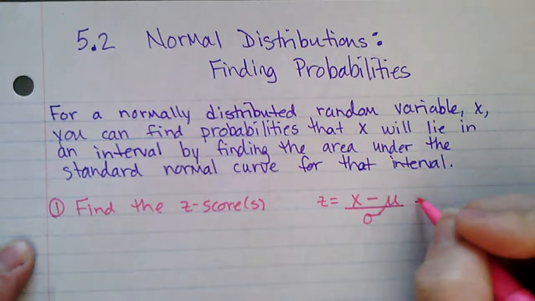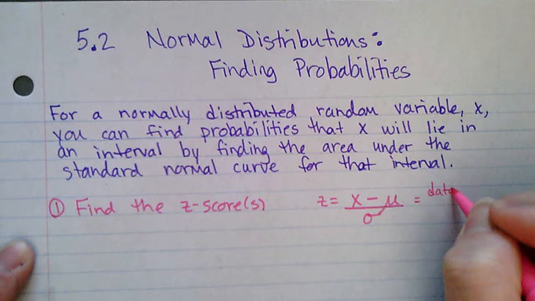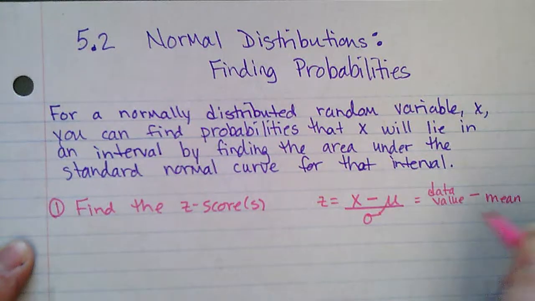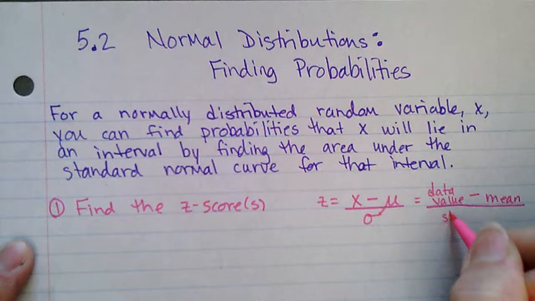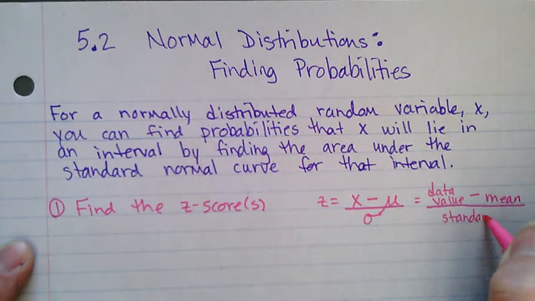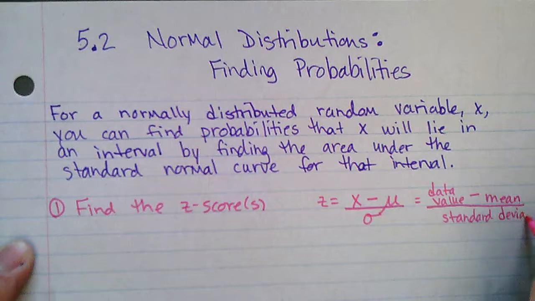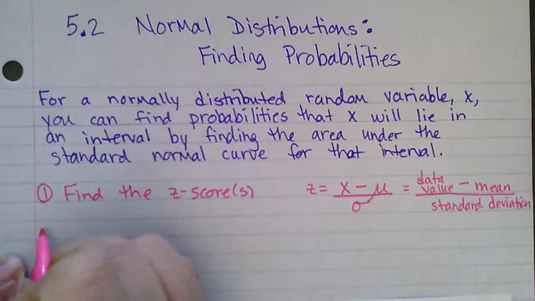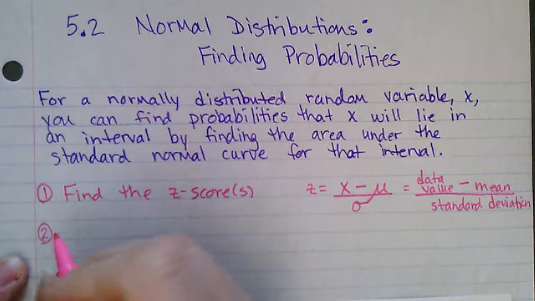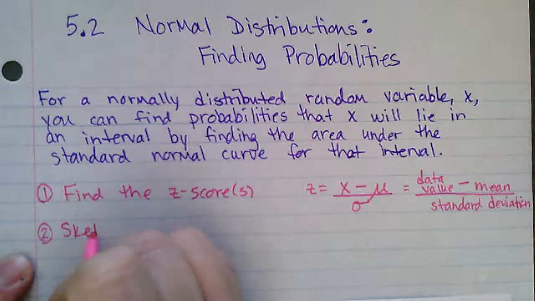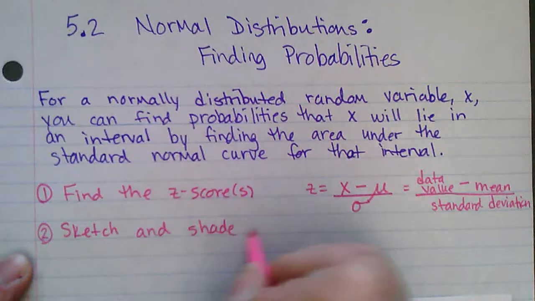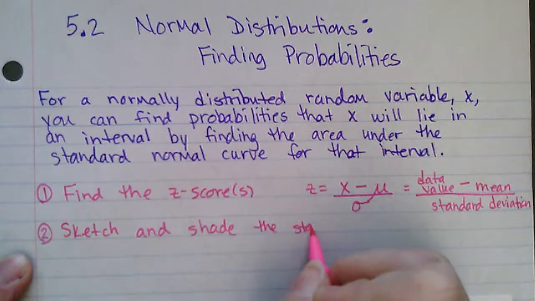So we have, just in words, data value minus the mean divided by standard deviation. After we know the z-score, the second thing we are going to do is sketch and shade the standard normal curve.